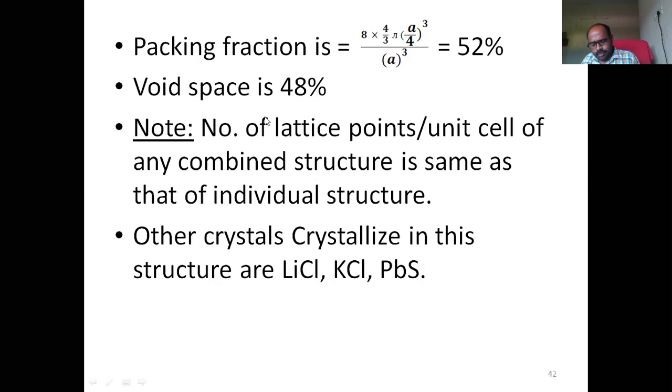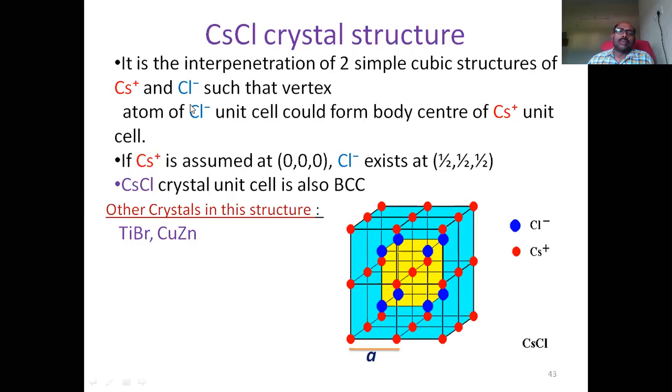This one is the cesium chloride crystal structure. It is the interpenetration of two simple cubic structures of cesium plus and Cl minus, such that the vertex atom of the Cl minus unit cell forms the body center of the cesium plus unit cell.